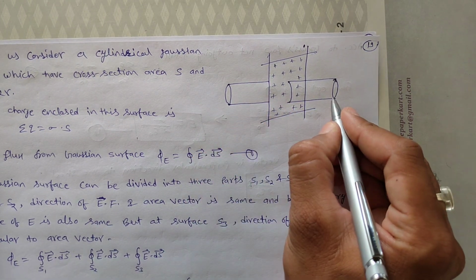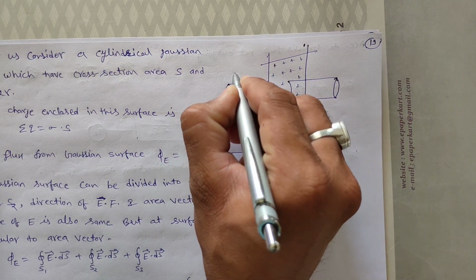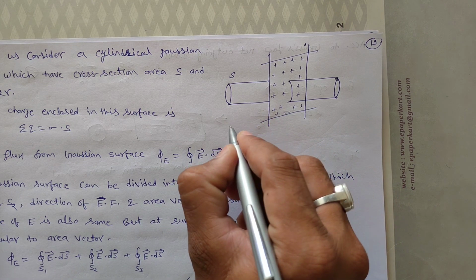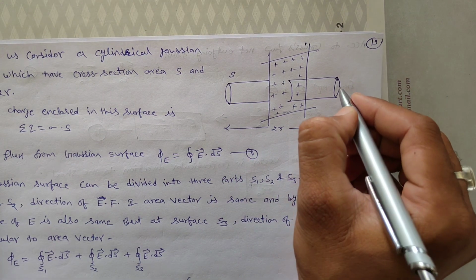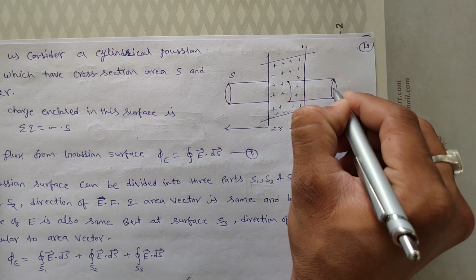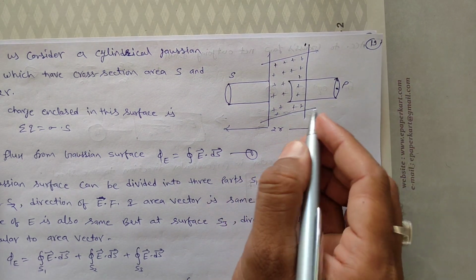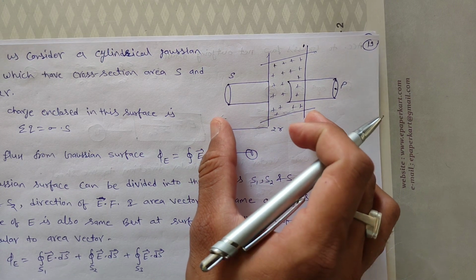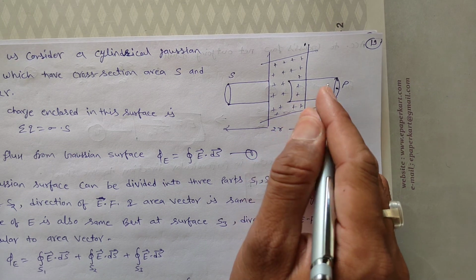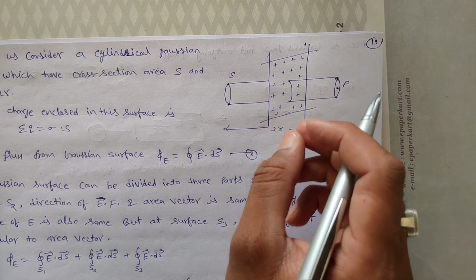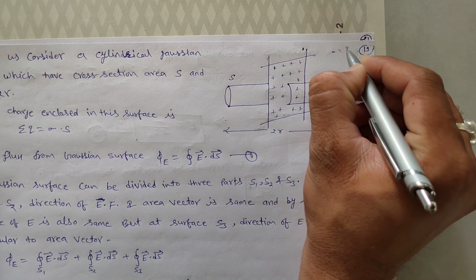This is a cylindrical Gaussian surface, which is imaginary. The cross-sectional area of this Gaussian surface is S and its length is 2r, and the observation point P is placed on this circular area, here point P. The electric charge enclosed by this surface, from the formula of surface charge density sigma equals Q upon epsilon naught.